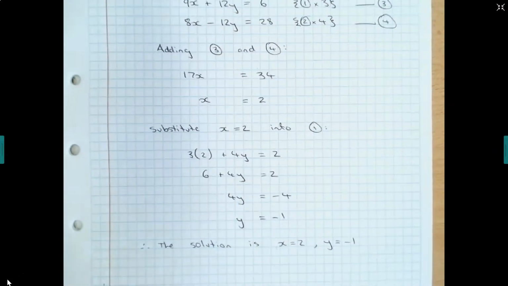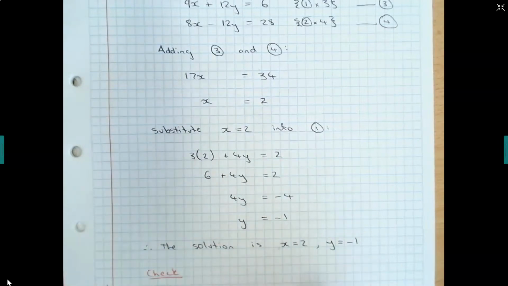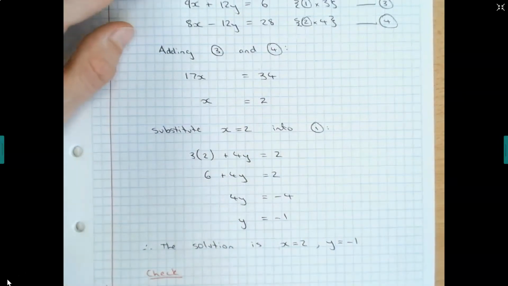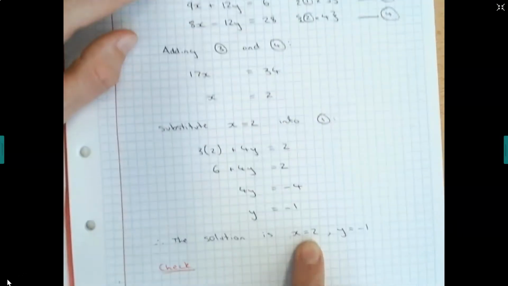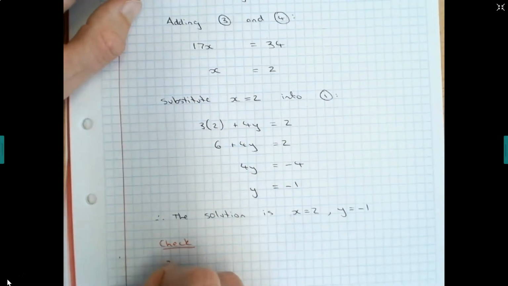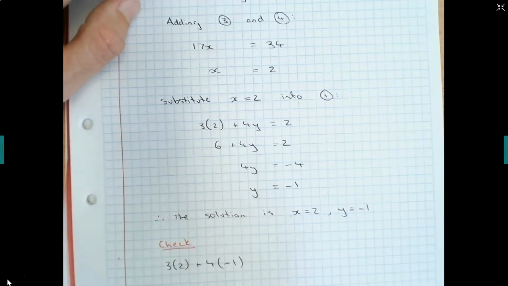And again, you could do a sanity check and substitute that solution into either one of the equations, and if we've done it correctly, we will see that the equation is satisfied. So if I substitute it into 1, 3 by 2 plus 4 by negative 1 is equal to 2.